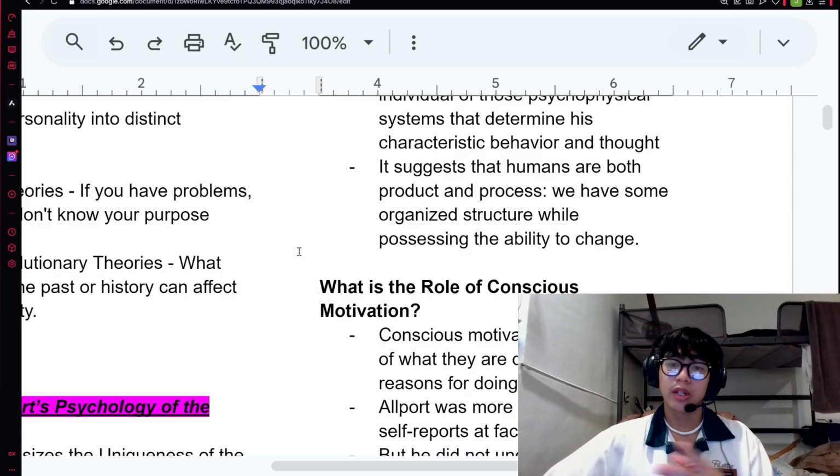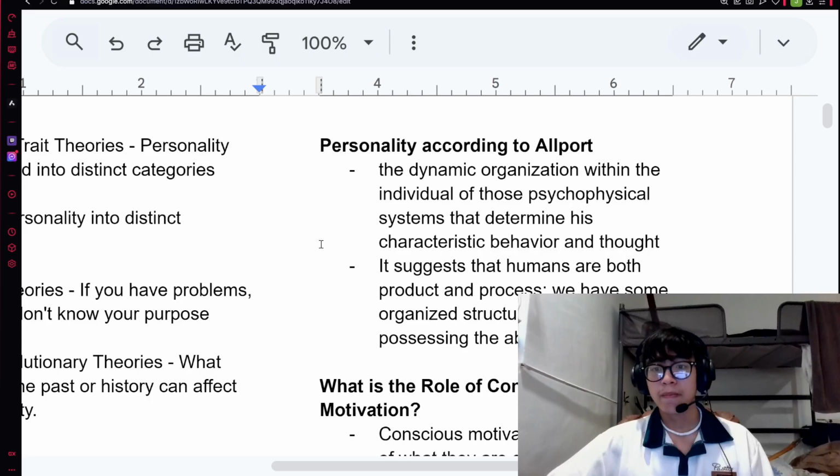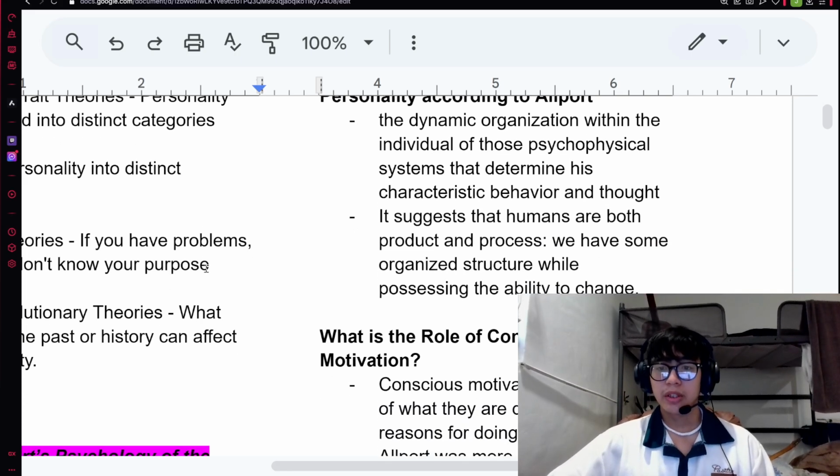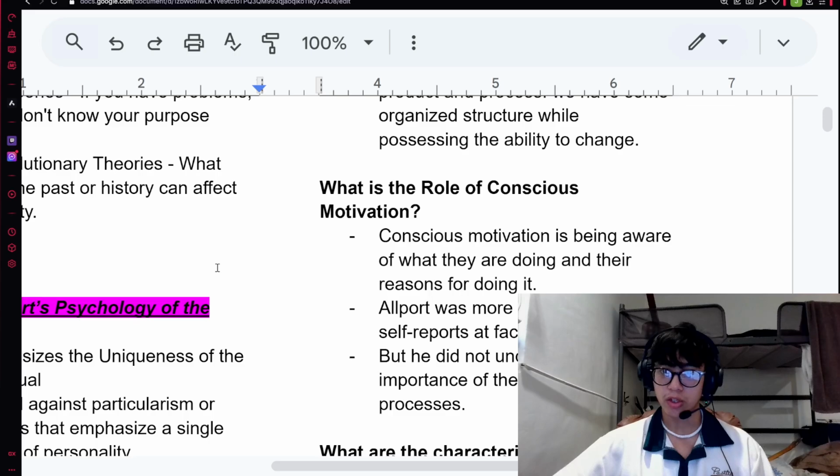We have some organized structure while possessing the ability to change. It's a really boring definition, but that's basically what he's saying: product and process, or nature and nurture, where we are born with an organized structure, but we have the ability to change it.